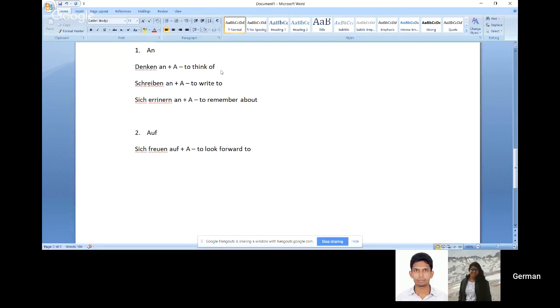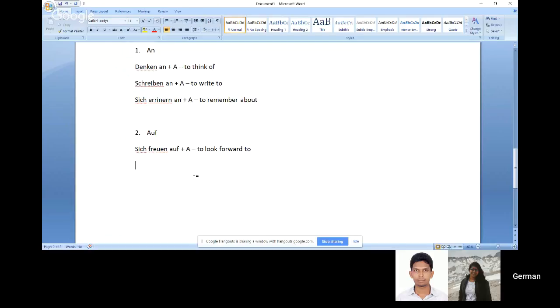We used this "freuen" earlier, wherein you are being happy about. But when you're associating "freuen" with "auf", the meaning of the whole phrase is changing.